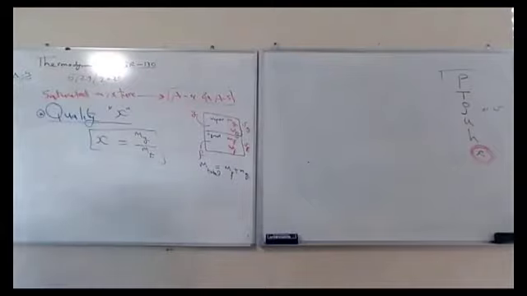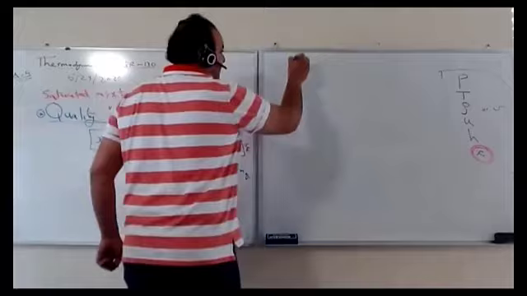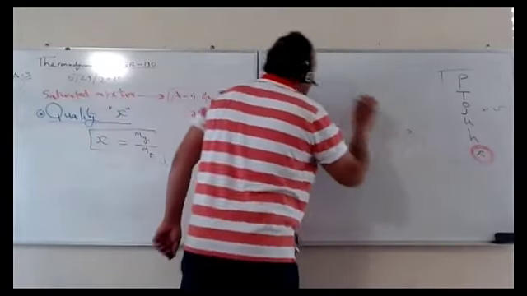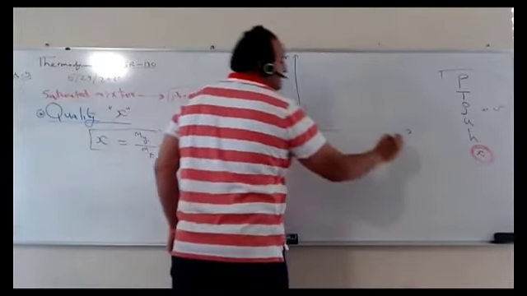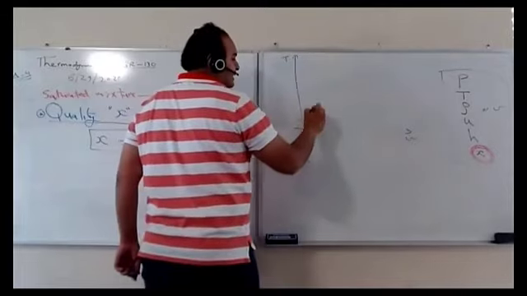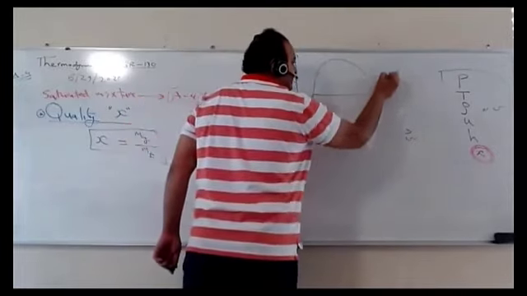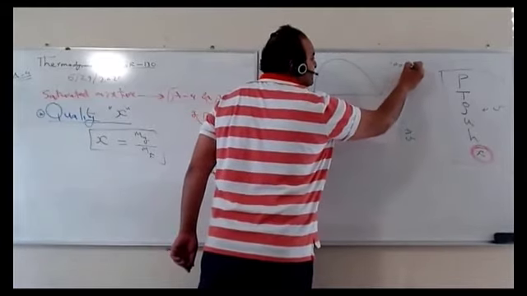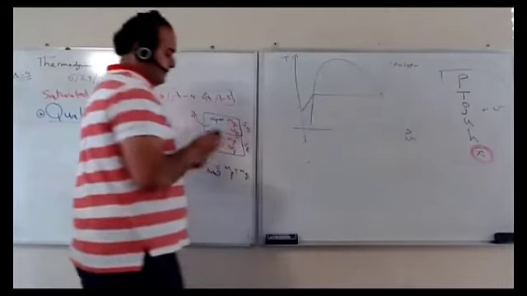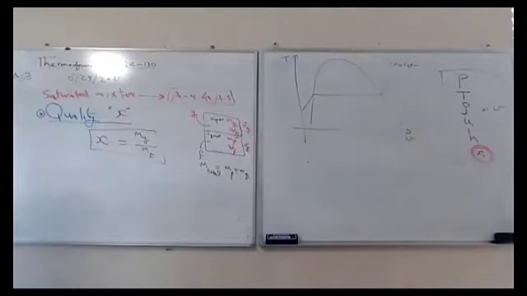What is quality? Quality exists only in the saturated mixture. So if you have the T-v diagram or P-v diagram like this, and this is the constant pressure line, let's say P equals 1 atmosphere, 100 kilopascal, whatever. Along this line is a constant pressure line.